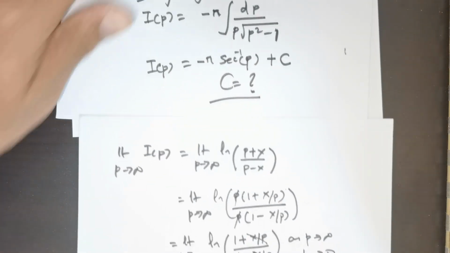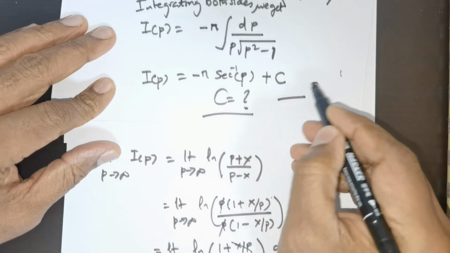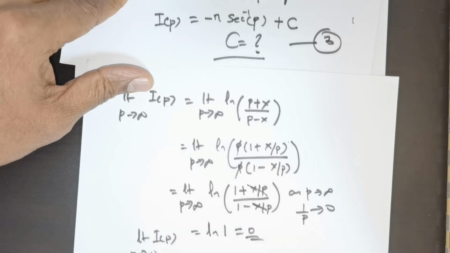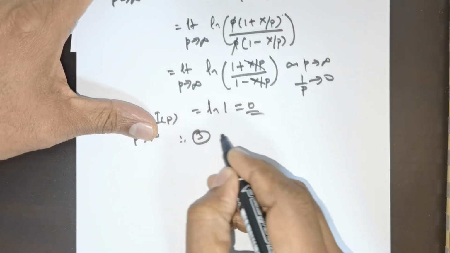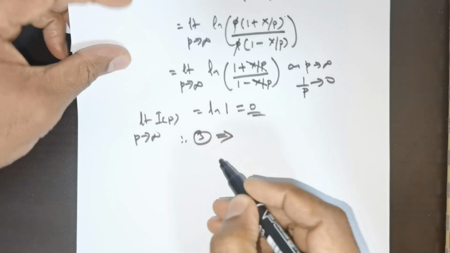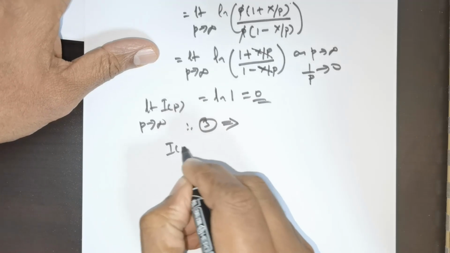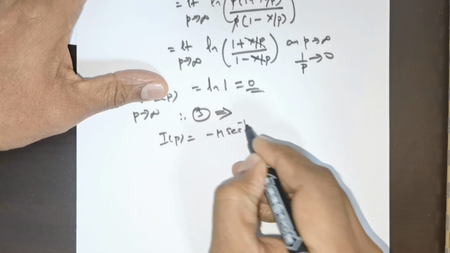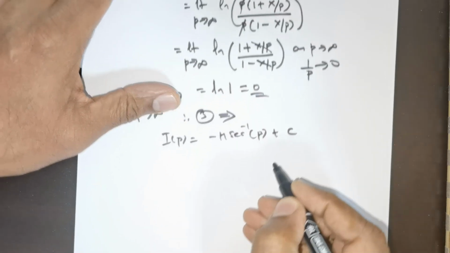Now come back to this equation. Let me take this as 3. Now I'm going to rewrite 3: I of p is equal to negative pi times secant inverse of p plus c.